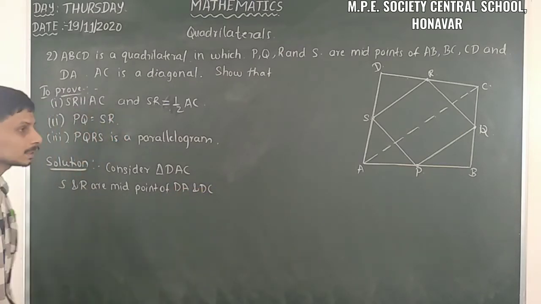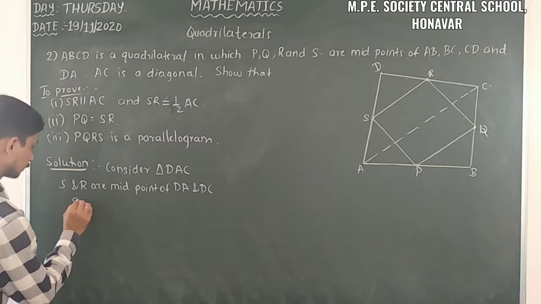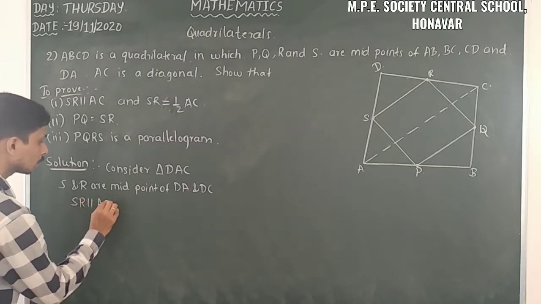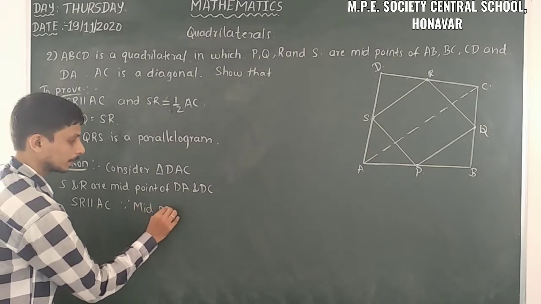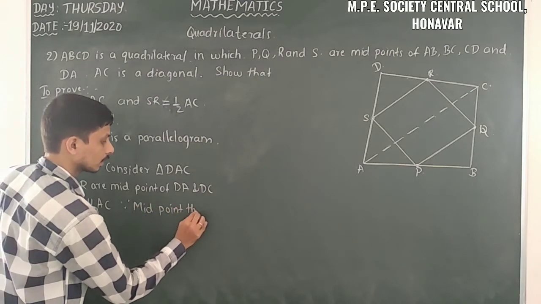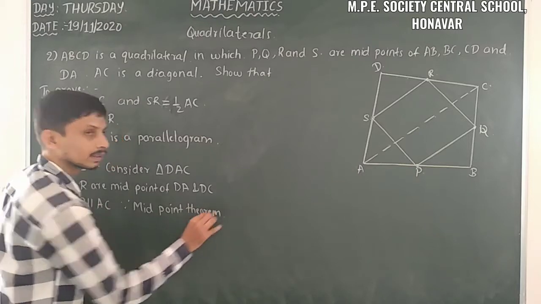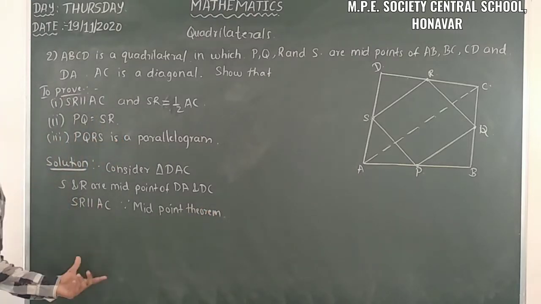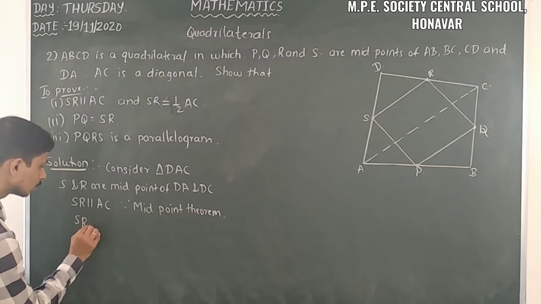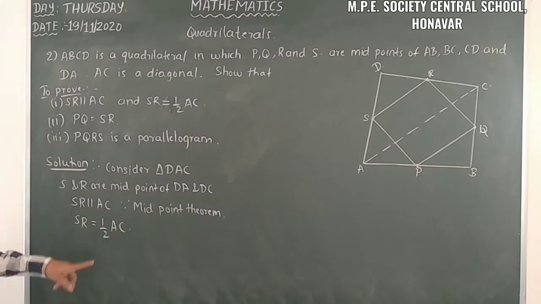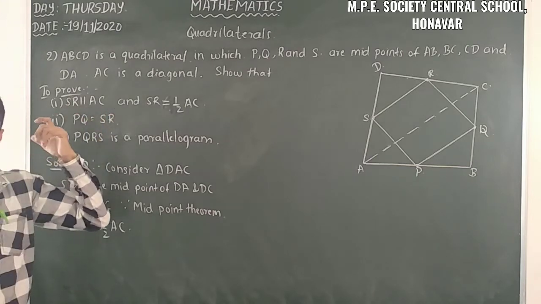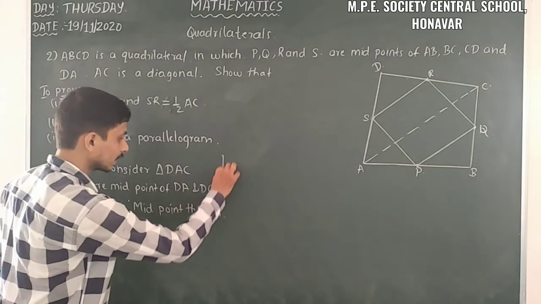So then SR is parallel to AC because of the midpoint theorem. Then also we can take SR is equal to half of AC. So here we have the first assertion.